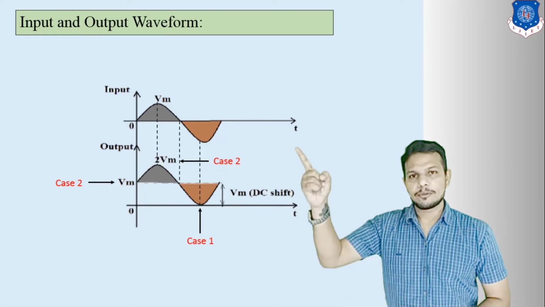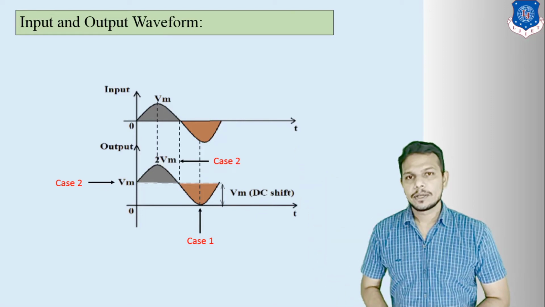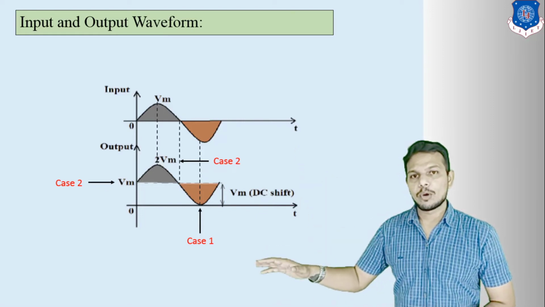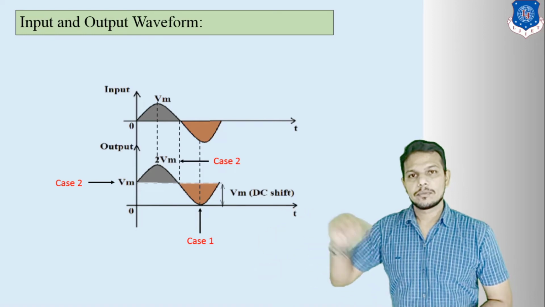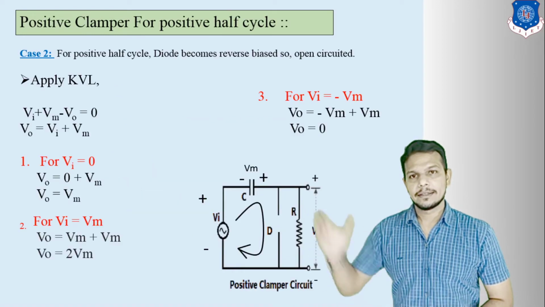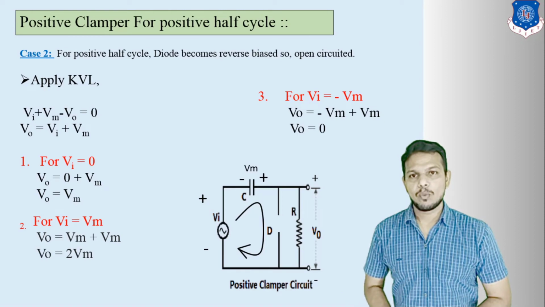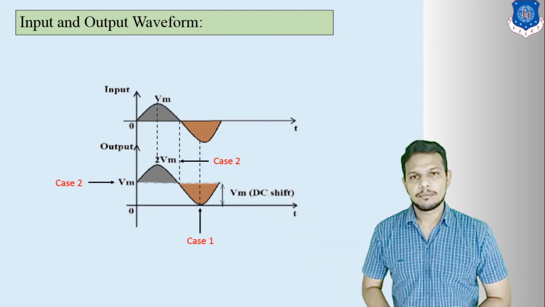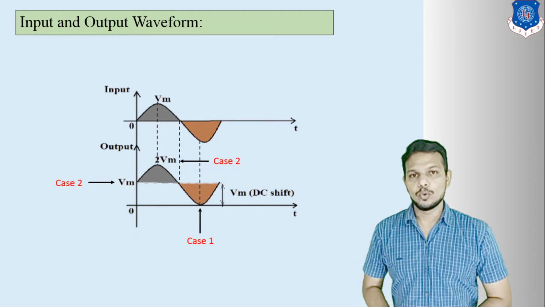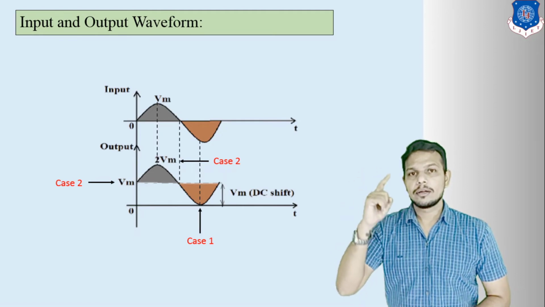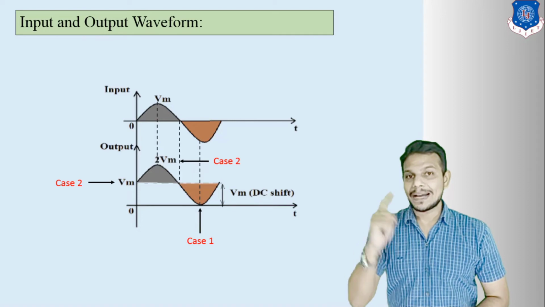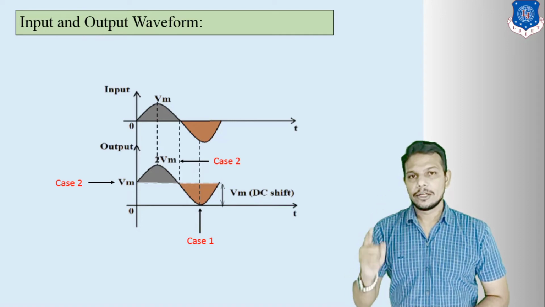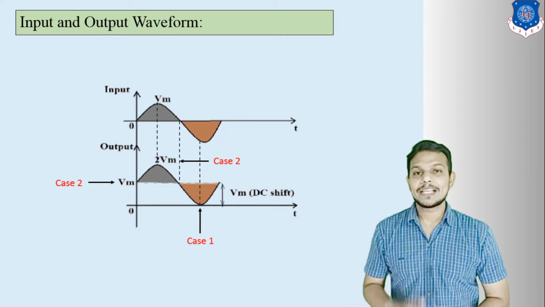So here, if your VI is equal to 0, at this time your output voltage is equal to maximum. Like this, in case number 1, VI is equal to 0, at this time we will find VO is equal to the maximum voltage, VM. Now case number 2, your input is the maximum voltage, then your output will be twice Vm.